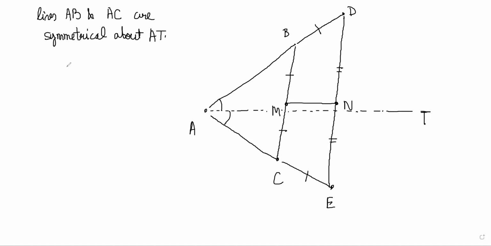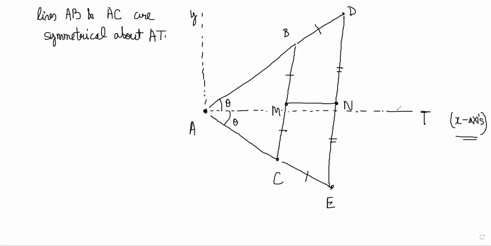Right? So if they are symmetrical about the bisector, we have to choose our coordinate system in this question. This angle is equal to this angle, so it will be convenient if we choose A as the origin. Let's choose A as the origin, and AT, which is the bisector, becomes our x-axis. Why is this good?